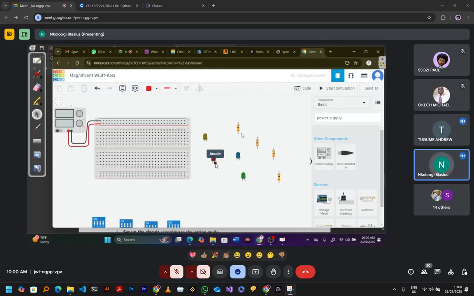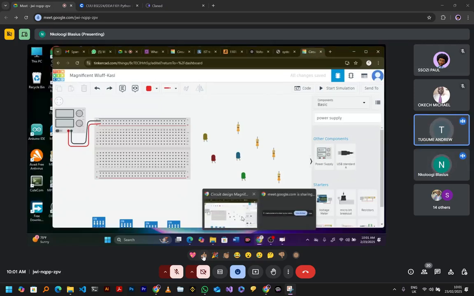Hover around the LED, left click, then let it run, then stop somewhere to make a point of corner, and then again left click somewhere, make another point of cornering like that, and then connect to where you want to go. Does that help? Or you need to display your screen and I see exactly what you're doing. Yes, I can display. Okay, please do. Let me stop my screen share and then I try to help you.